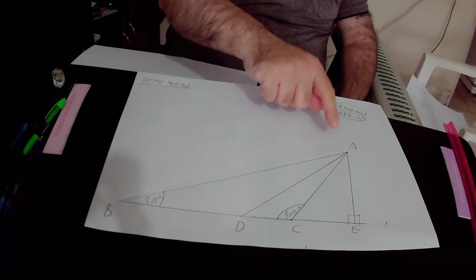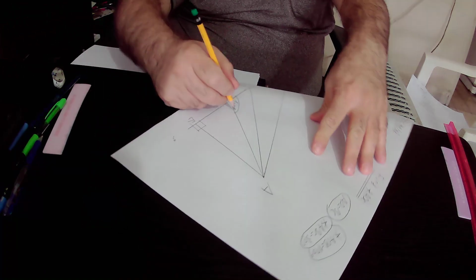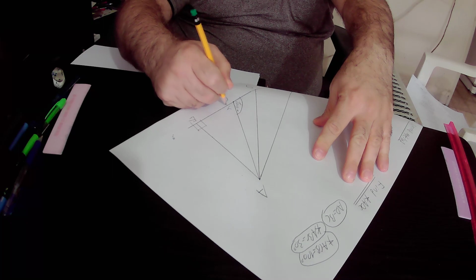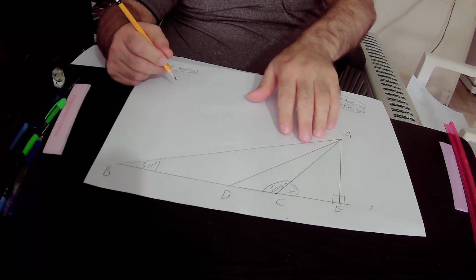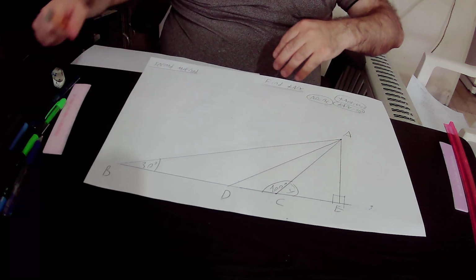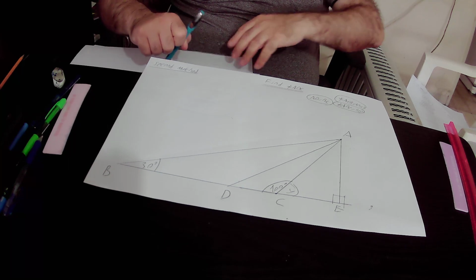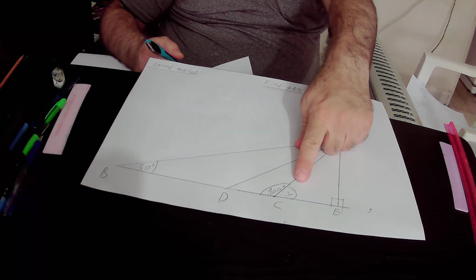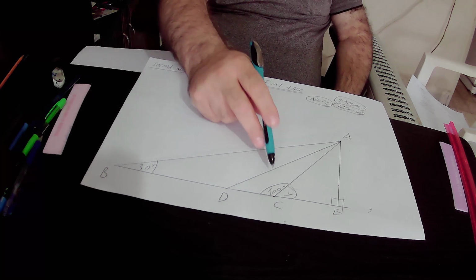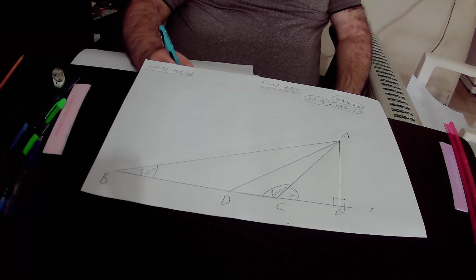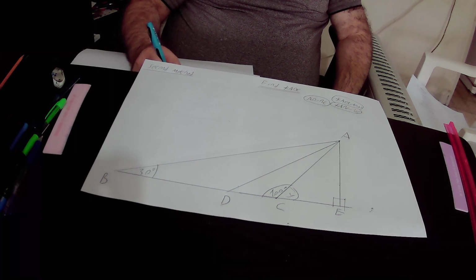If we define angle ACE as angle Y, then this angle Y plus this angle that is 100 degrees, in total, must be equal to 180 degrees.